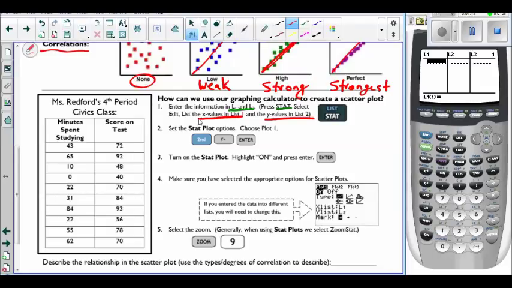Now we're going to list the x values in list 1 and the y values in list 2. So from this, I'm using my left column as my x, my right column as my y. The minutes spent studying is my x, the score on the test is my y. I'm going to put those into list 1 and list 2.